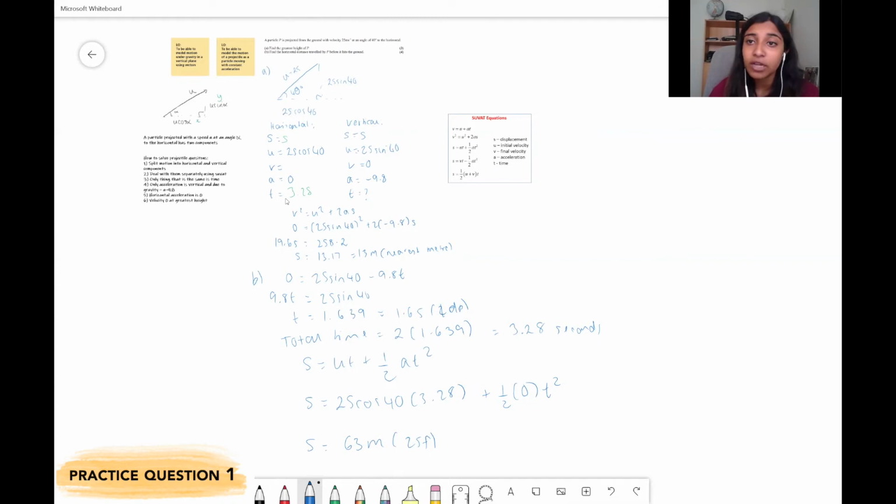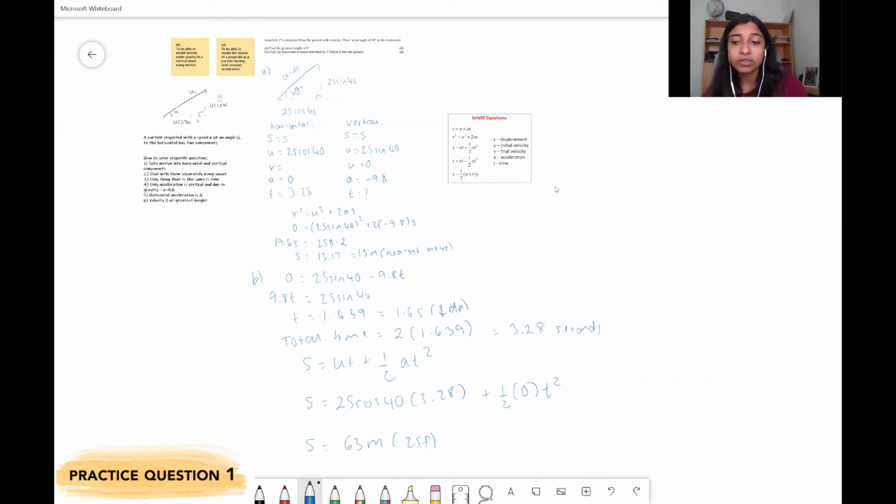So for the total time travelled by the projectile, that would just be to the greatest height and then back down, so it would just be double our time t. And then once we had t, we can plug that back into our horizontal components and then use our SUVAT equations again to try and find our value s.